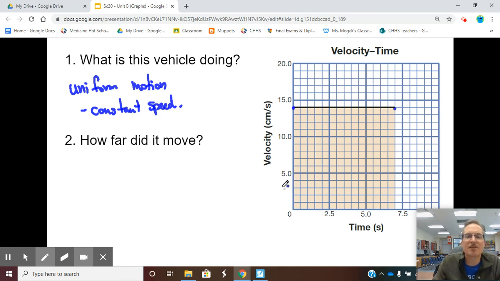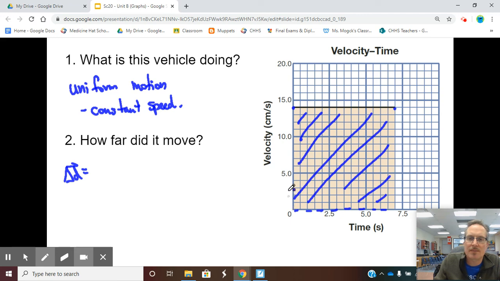Now the question is, how far did it move? So I want to find its displacement. Remember, to find displacement, we're finding area underneath the line. So here is my 0. And all of this, we need to find the area of. So my height is 14 centimeters per second.